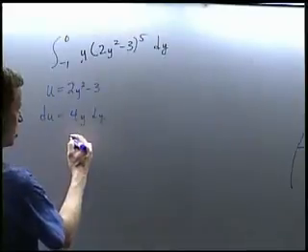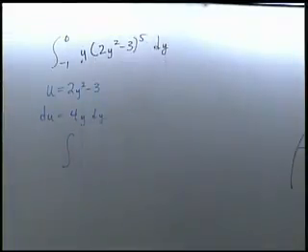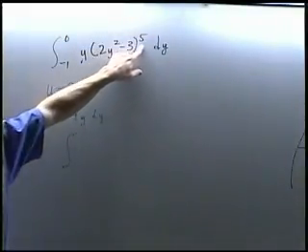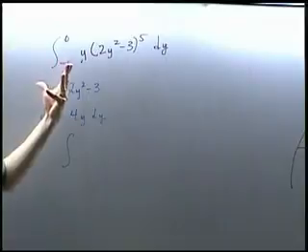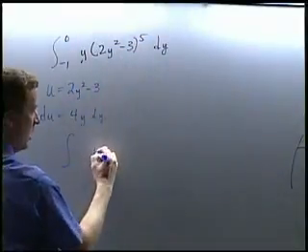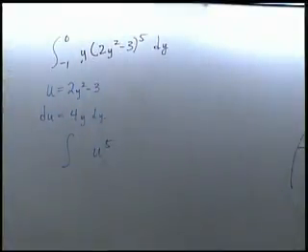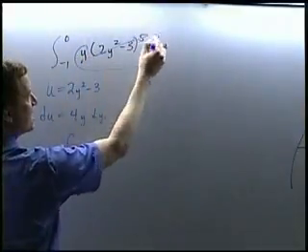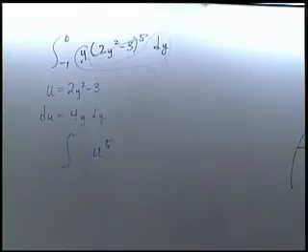What will this look like when we substitute it over? All of this will become what? u to the 5th. That's what we tried to clean up and make a little easier to work with here. So I've substituted for all of this. The thing I have not substituted yet for is y dy. But how could I do some algebra to get y dy by itself?